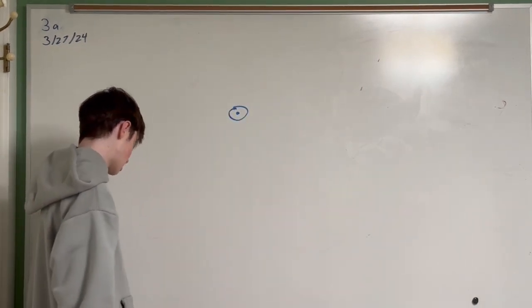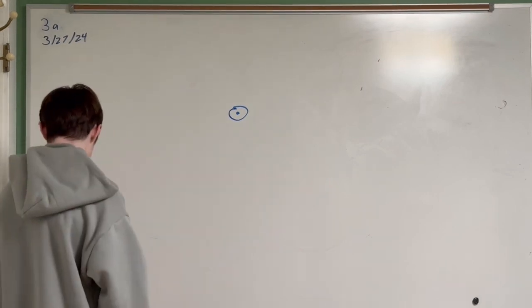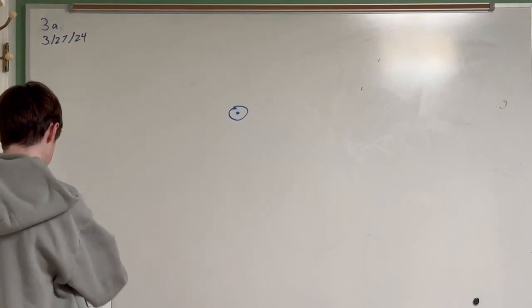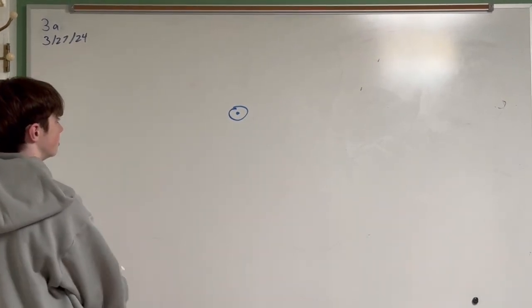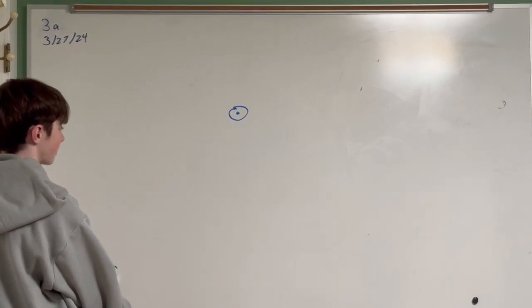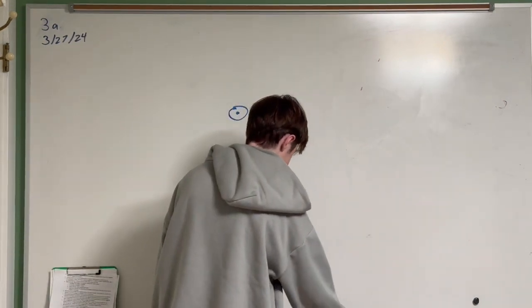Similar to Gauss's law, we can draw what's called an Amperian loop around this wire to figure out the total magnetic field that it creates.